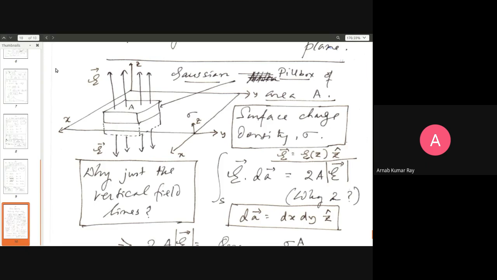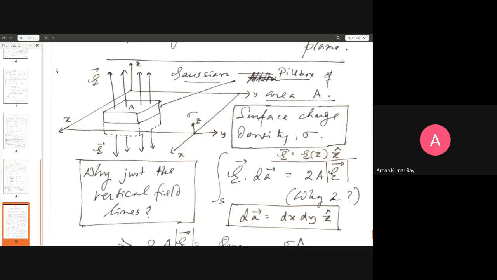So if you decompose all the field lines into their respective vertical and horizontal components, try and understand this point I'm making here: all the horizontal components will cancel out. And if all the horizontal components cancel out, what will survive will only be the vertical components, sticking up above the plane and sticking down below the plane.